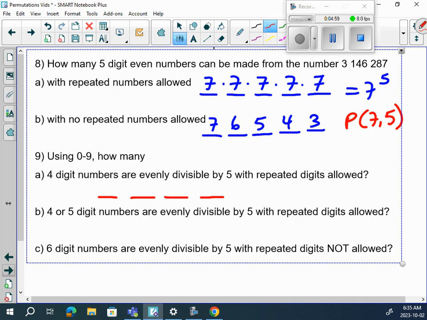So here, 4-digit numbers divisible by 5. This is the trickiest or most specific position. To be divisible by 5, this will have to be either a 0 or a 5. So there are only two options available to me there.